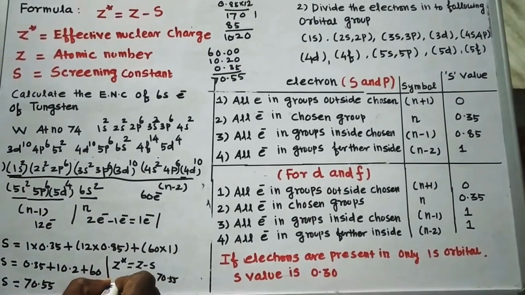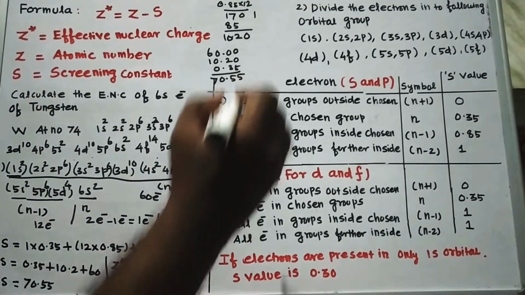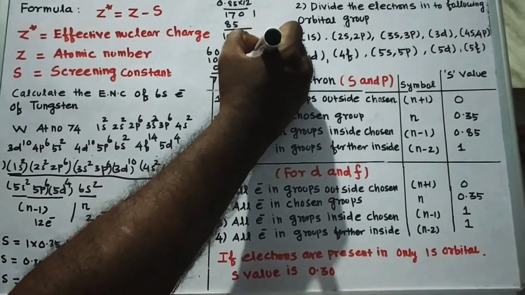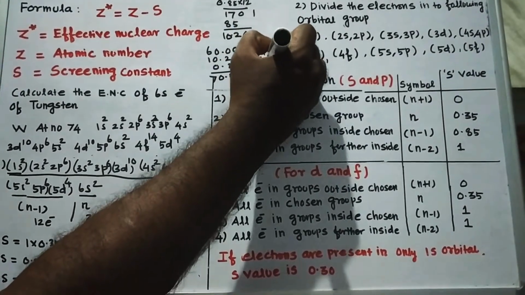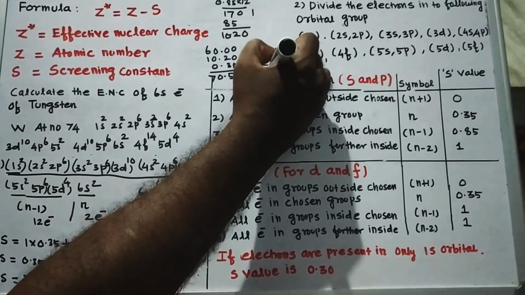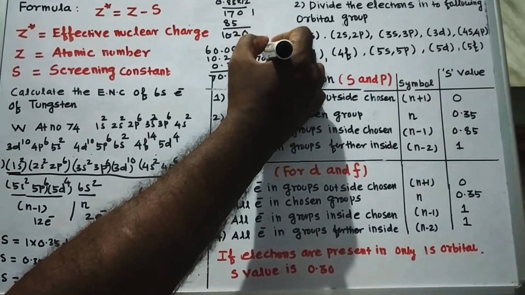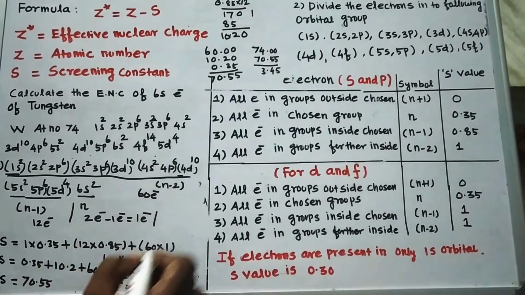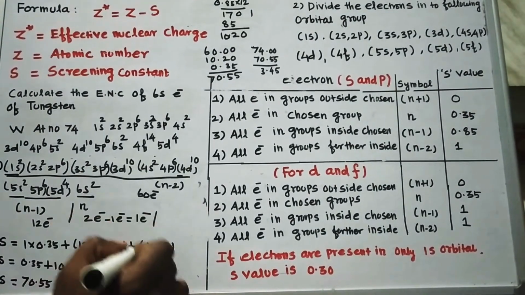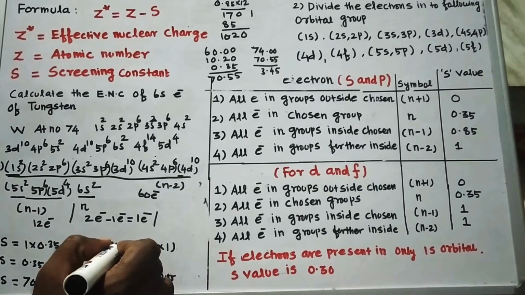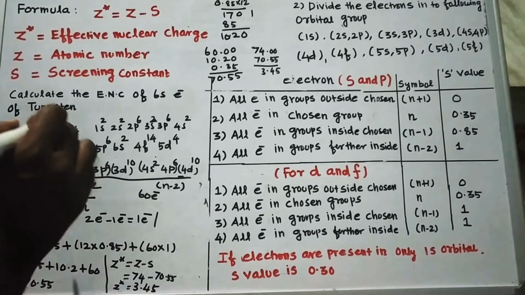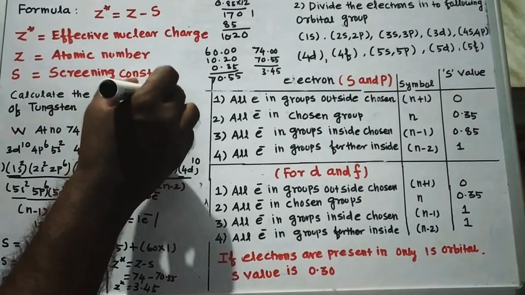So its value is 74.00 minus 70.55, which is equal to 3.45. This is the value of the effective nuclear charge for the 6s electron of the tungsten atom.